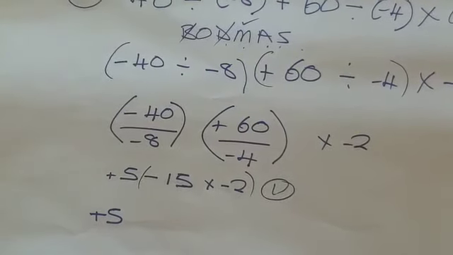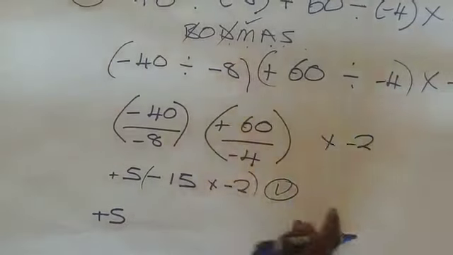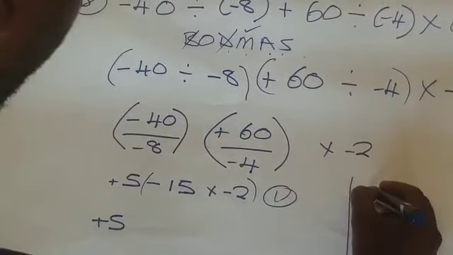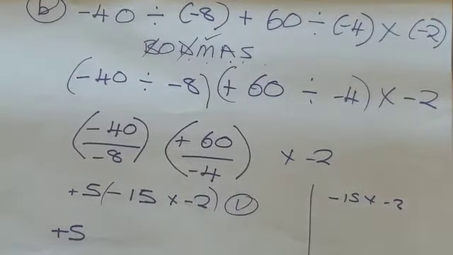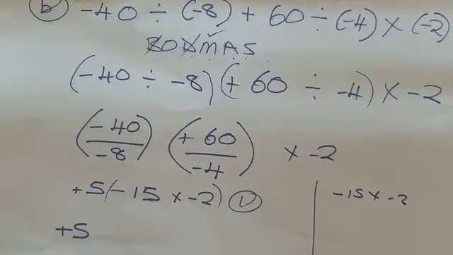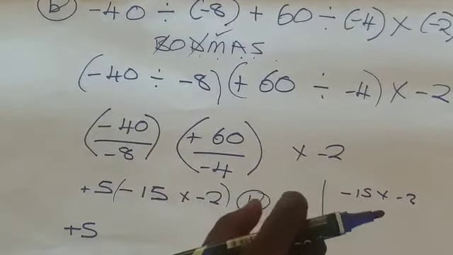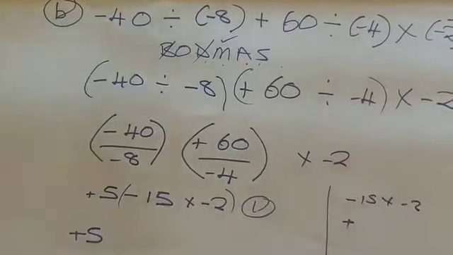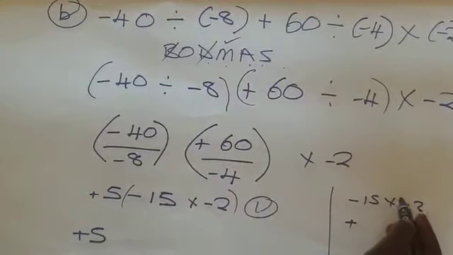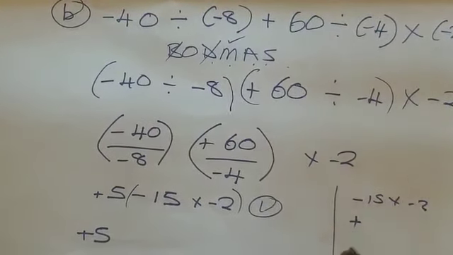As we copy positive 5, we deal with this on a separate answer sheet: negative 15 times negative 2. Remember, when you are dividing or multiplying numbers with the same sign, they lead into a positive number. So negative times negative, we are going to have a positive number.